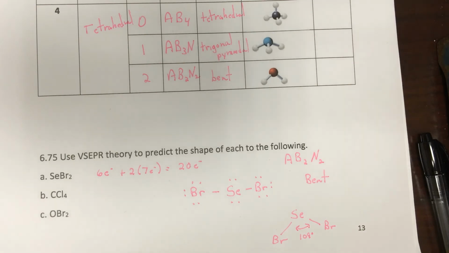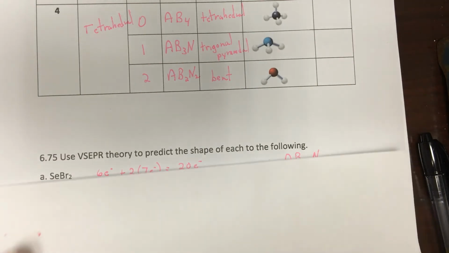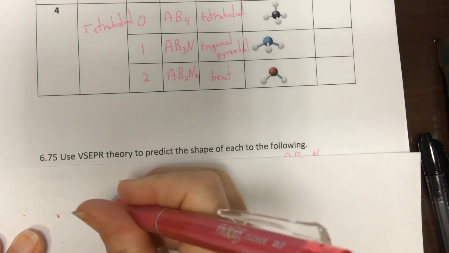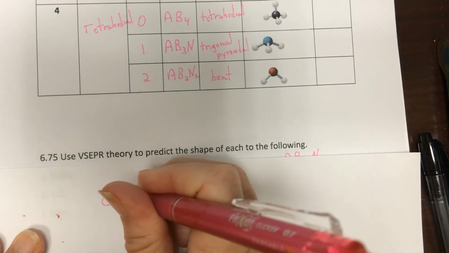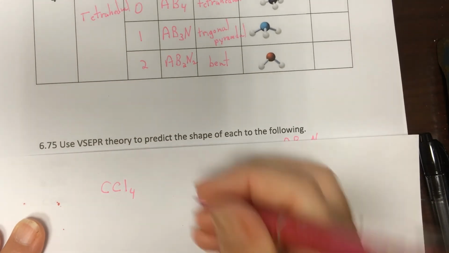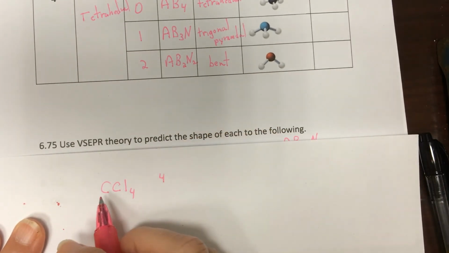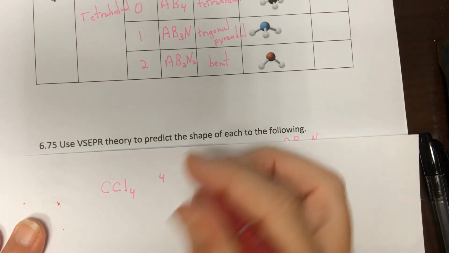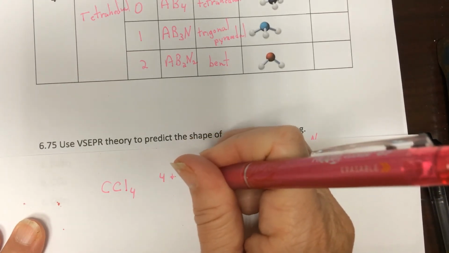Okay, so let's look at carbon tetrachloride. We've got 4 valence electrons from the carbon, and I have 4 chlorines.